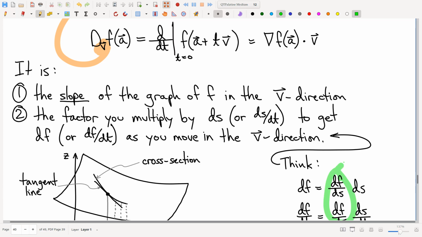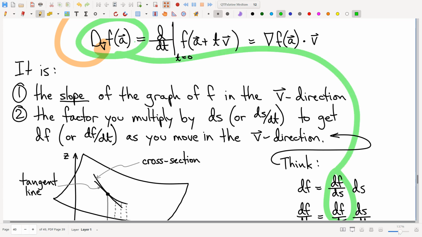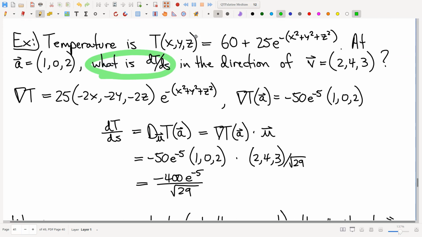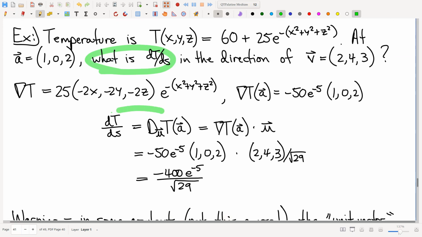Derivative with respect to distance is one of my interpretations of directional derivative. So again, the question has asked me to compute something that ultimately is a directional derivative, and so okay, I'll compute it with, again, that same formula. This is just keying off of a different interpretation of directional derivative. So again, same start. What I was asked is a directional derivative. I compute with this formula.